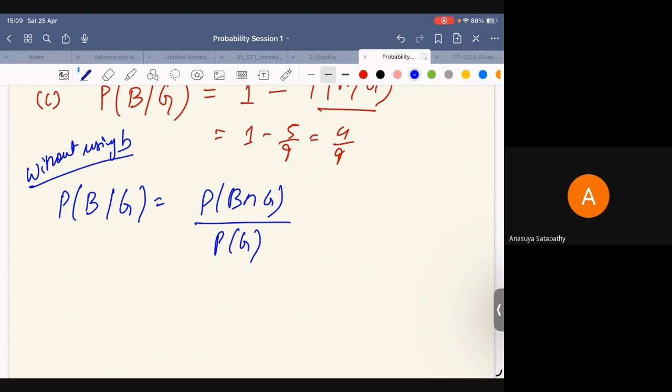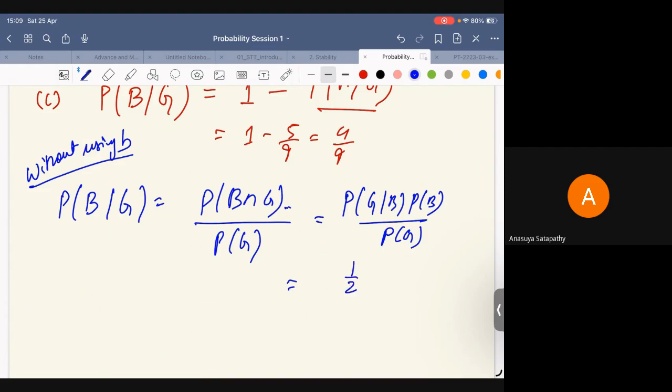So how will you do this question? It's 1 by 2 times the probability of getting a green from B. How can you represent this one? P of G given B, right? Yeah, P of G given B times P of B. So same thing here.